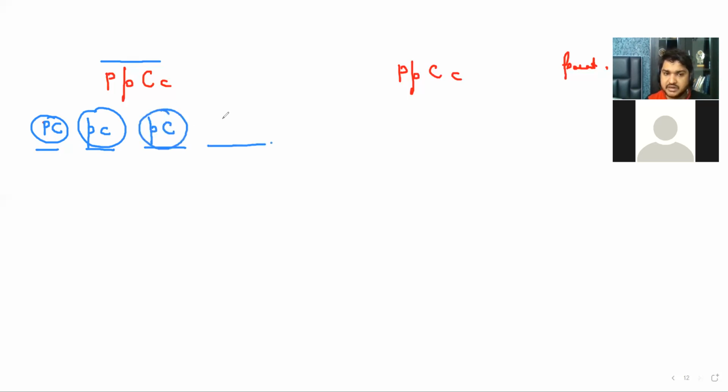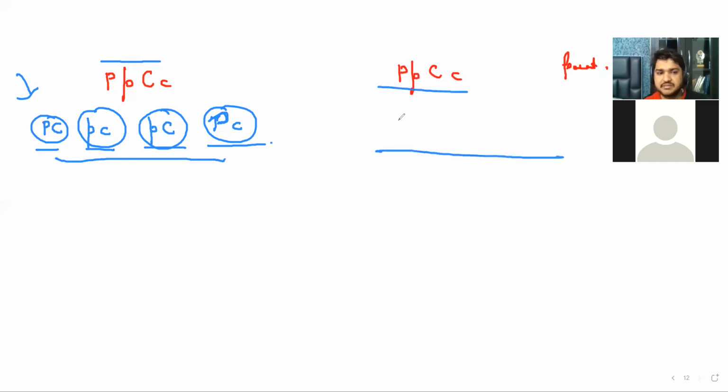Can you say that again? Big P, small c. Okay. When I meant PC, I meant big P, big C, and separately small p, small c. So if this has such gametes, this also has the same kind of gametes, because it is the same.